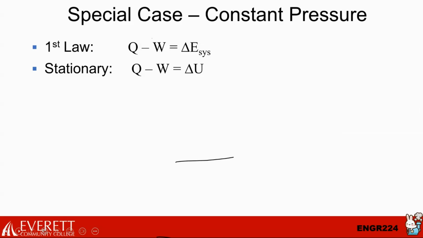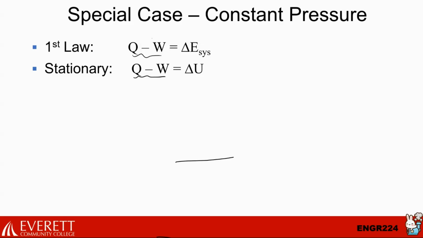let's talk about a special case. So that special case of constant pressure. So I put the goofball formula in there, the Q minus W. So let's look at it from the perspective of writing this out. So I'm going to use the Q minus W form just because that's commonly what you'll see.